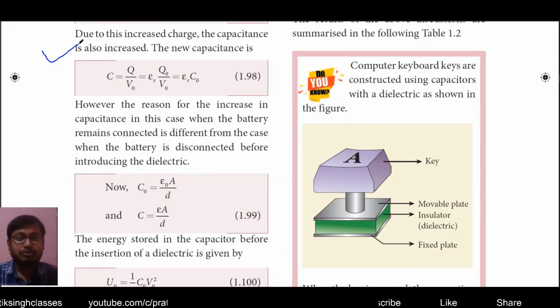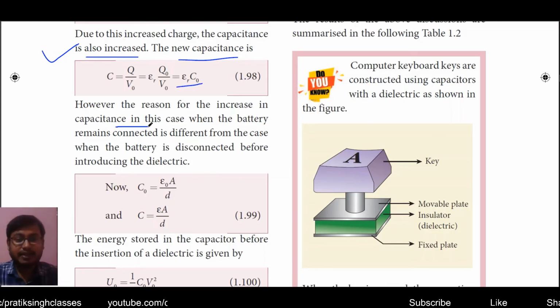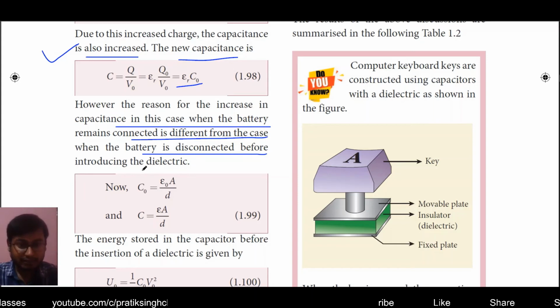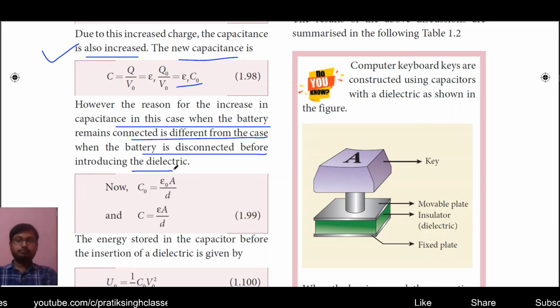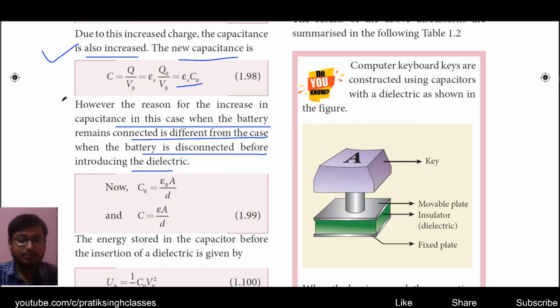Due to this increased charge, the capacitance also increases, and the new capacitance is given by C is equal to Q by V naught, that is equal to epsilon r into Q naught by V naught, that is epsilon r into C naught. However, the reason for the increase in capacitance in this case when the battery remains connected is different from the case when the battery is disconnected before introduction of dielectric, as we have seen in our previous situation.